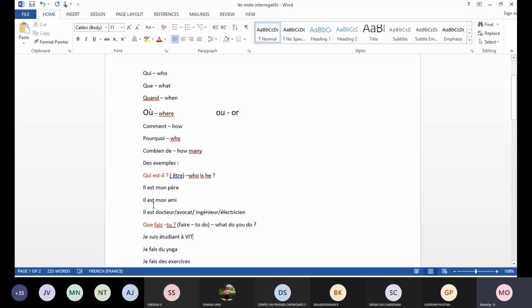The next question is with que: "Que fais-tu?" I've used the verb faire here. Remember, I'm just concentrating on the structure of the questions. I use the interrogative word followed by the subject and verb in its inverse form. So, que fais-tu?